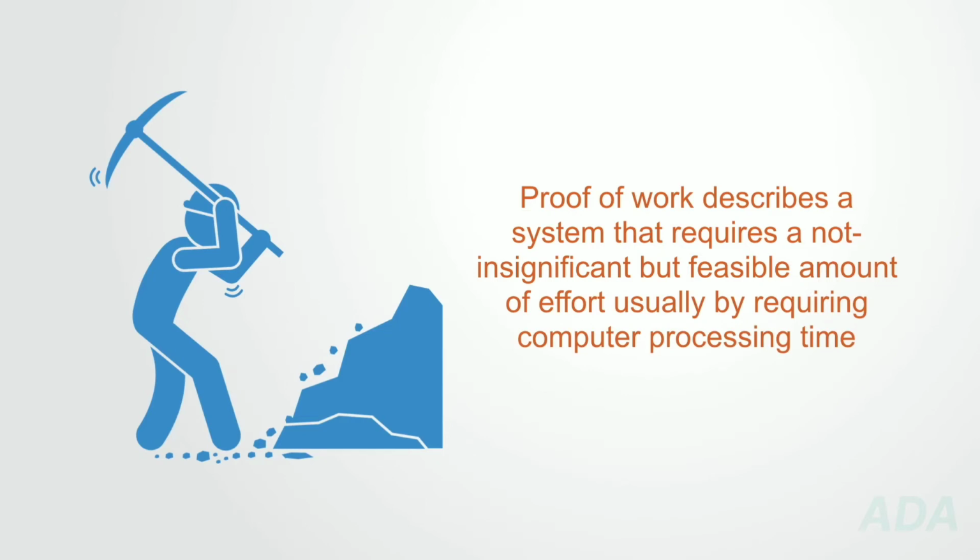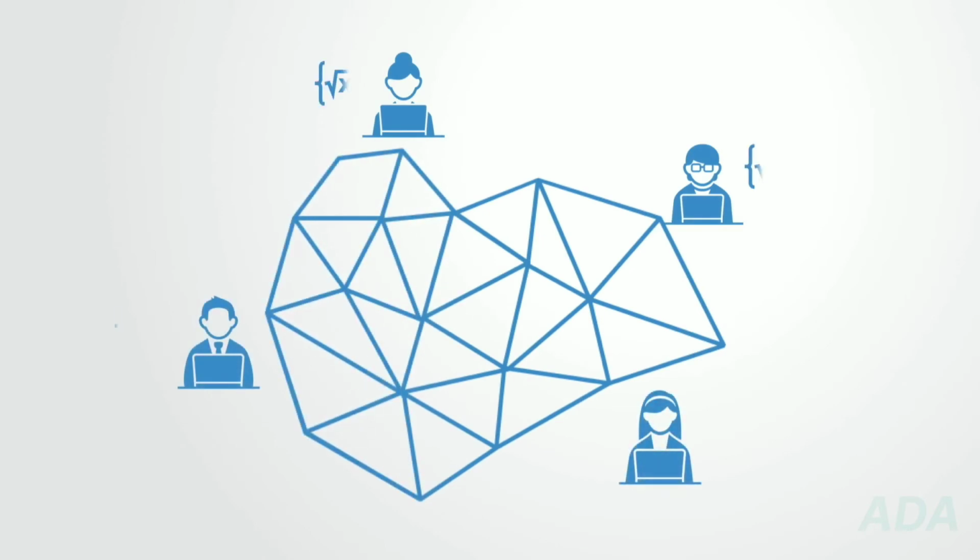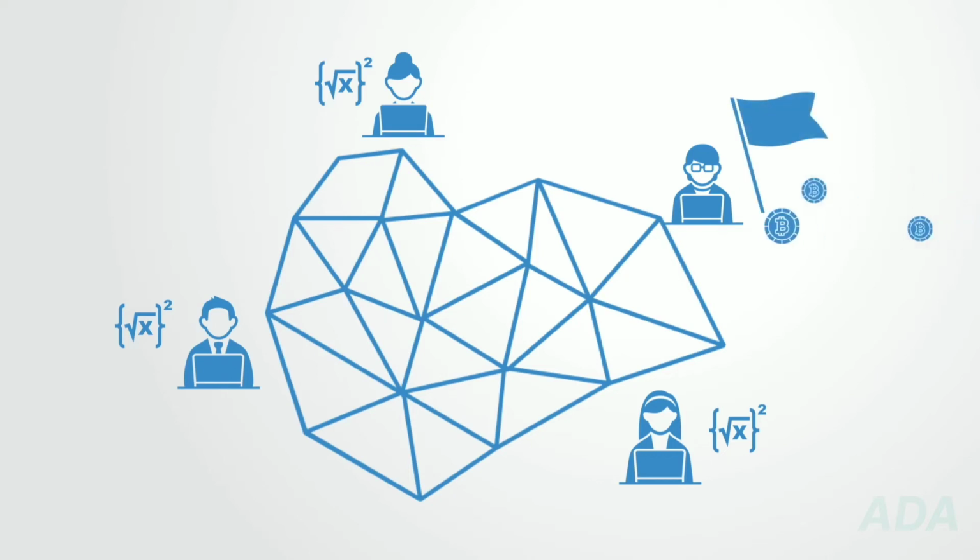As in the case of the Bitcoin blockchain, this is realized on some form of challenge, such that no one actor on the network is able to solve this challenge consistently more than everyone else on the network. Miners compete to add the next block in the chain by racing to solve a very difficult cryptographic puzzle. The first to solve the puzzle wins the lottery.